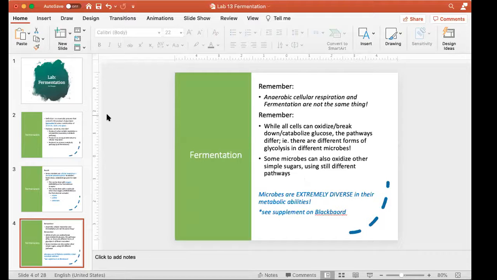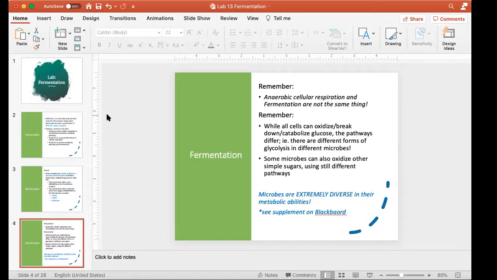Anaerobic cellular respiration is not the same thing as fermentation. I've said it before, I'm going to say it again. Anaerobic cellular respiration is not the same thing as fermentation. Anaerobic cellular respiration is just like aerobic cellular respiration, except a different molecule sits at the bottom of the electron transport chain, something other than oxygen.